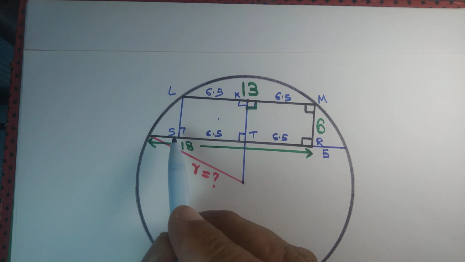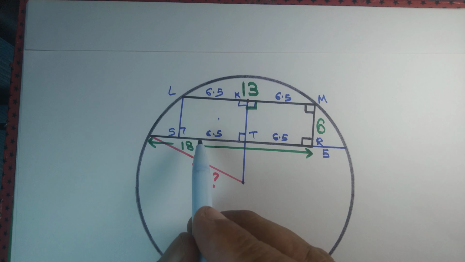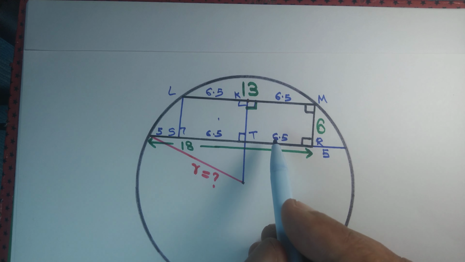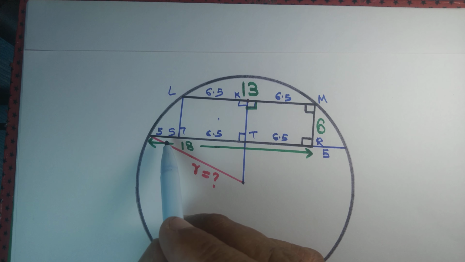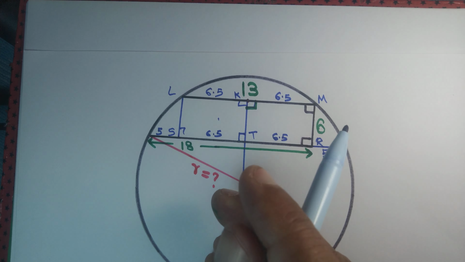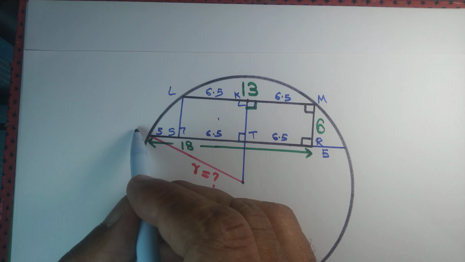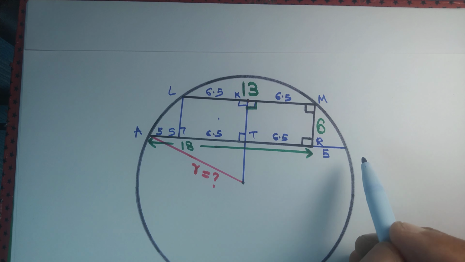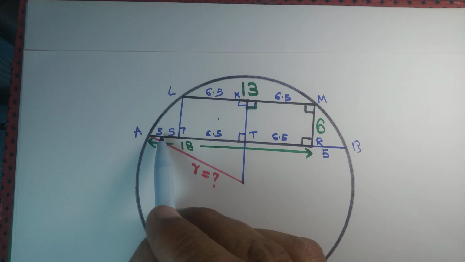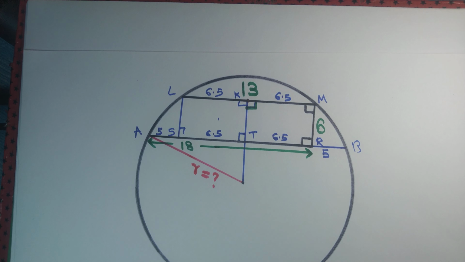So 6.5 and 6.5 is 13. So this is just 5 units, and it follows that since these two line segments are equal, TA equals TB, and TA is 6.5 plus 5, so TB equals 6.5 plus 5.